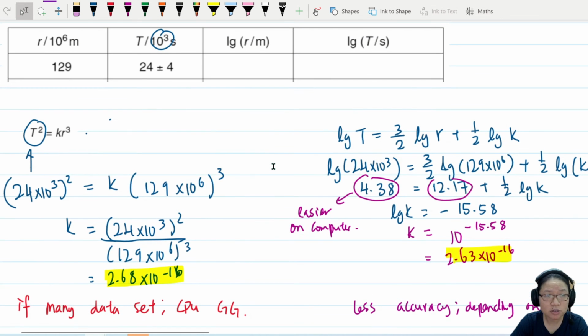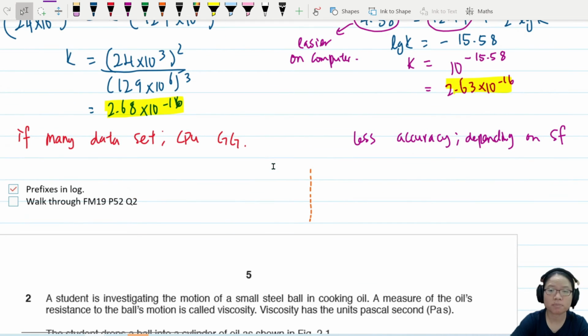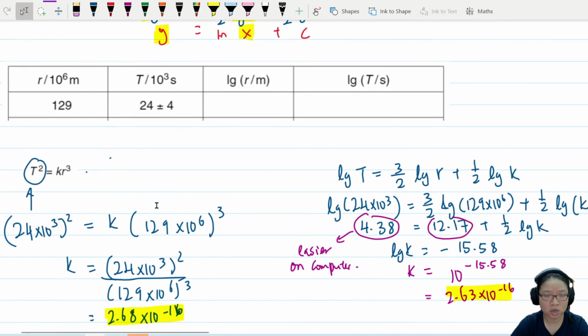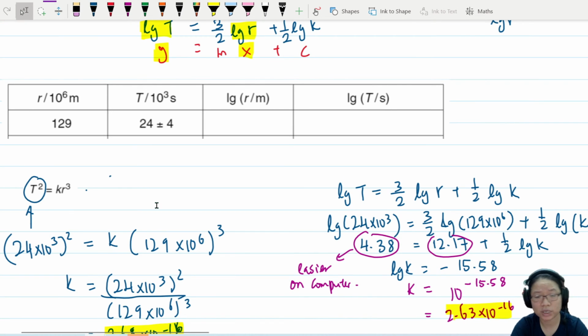Let's go back to the table and I want to talk to you about SF, because I said this accuracy depends on SF. So now the question is, how many SF should I put in if I'm filling up the table like this? What is important to know here is that our SF will follow the previous data.